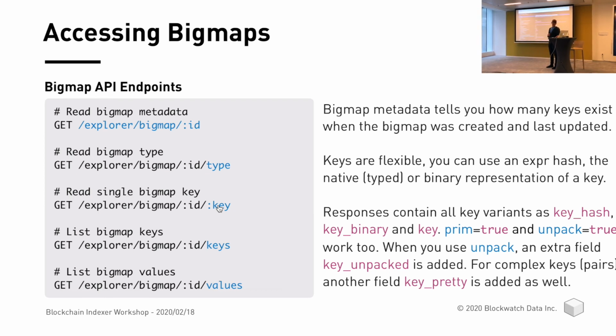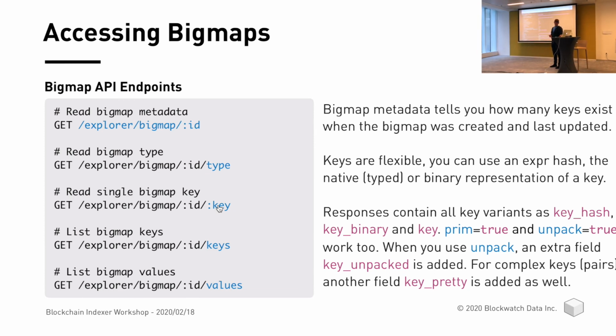You also get, as a convenience, the expression hash, so that would also lead you to the same entry, and you also get the binary representation of that key. This is the binary representation out of Michelson. And then you get the value. Yeah? This is basically the same as what we saw in the listing. Plus on top you get some metadata.